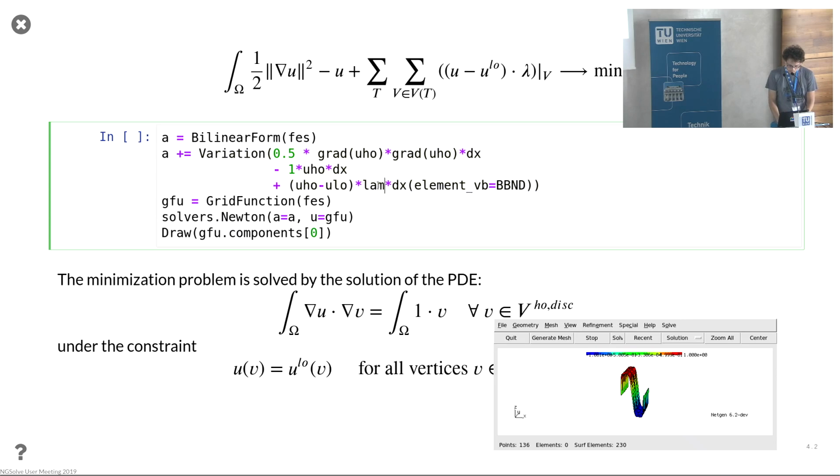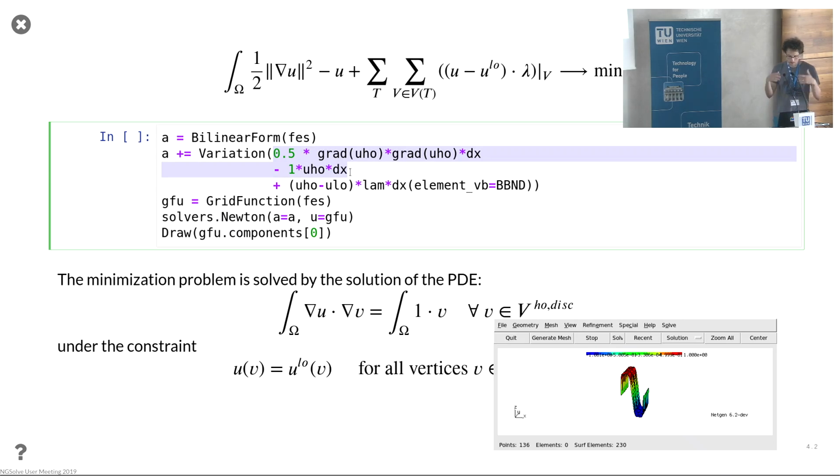So we have the evaluation at all the vertices of all elements. This is written down here in this dx and then element VB boundary. So this gives us the vertex evaluations of the Lagrange multiplier lambda and the U high order and the U low order. And apart from fulfilling that constraint, we just solve the Poisson problem.